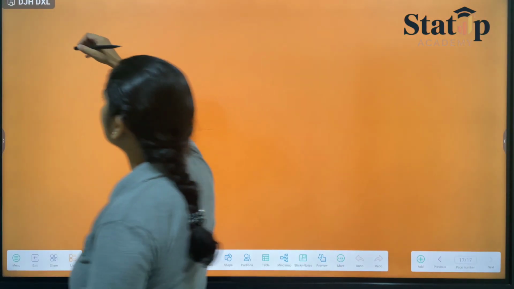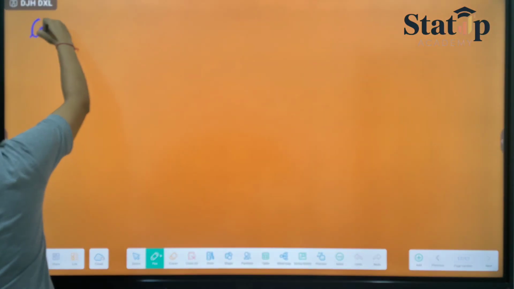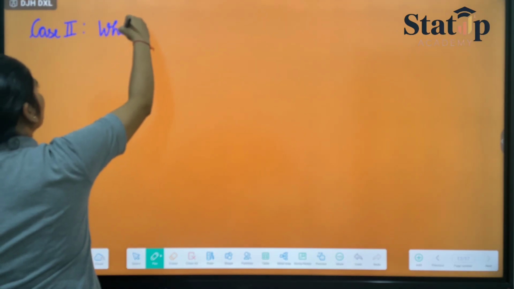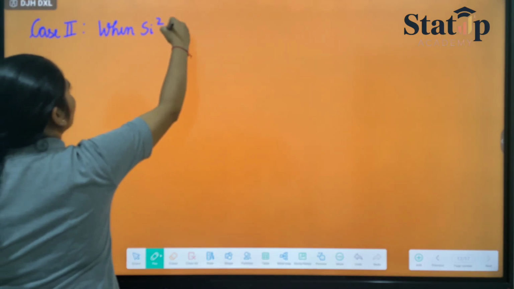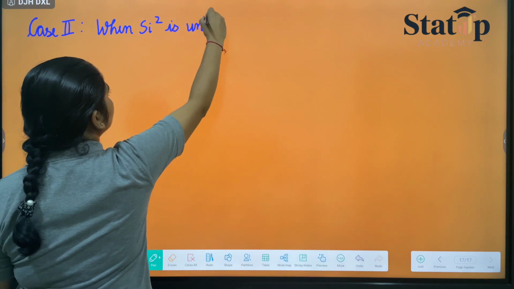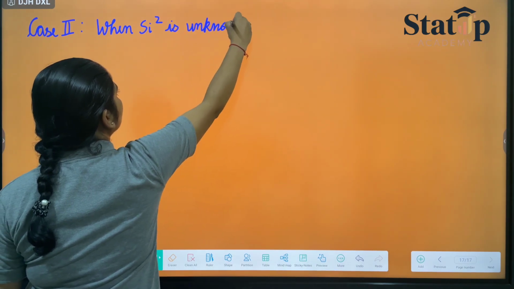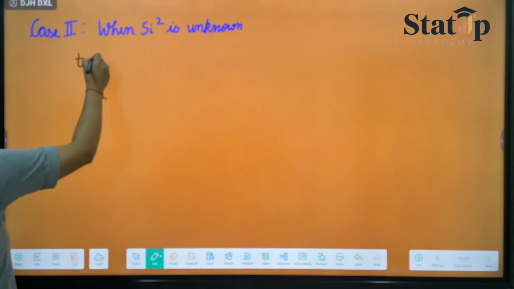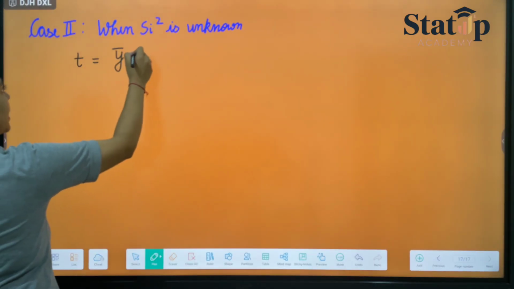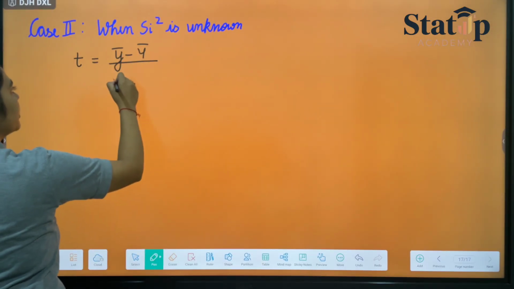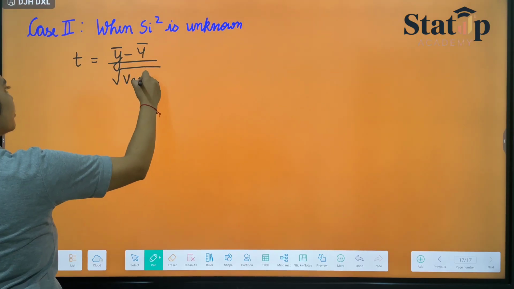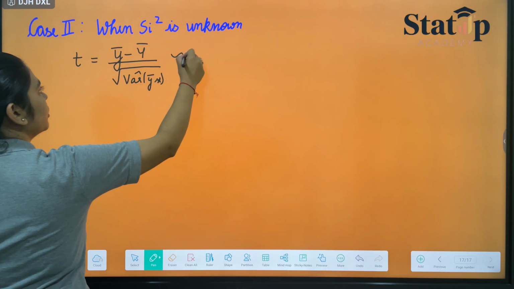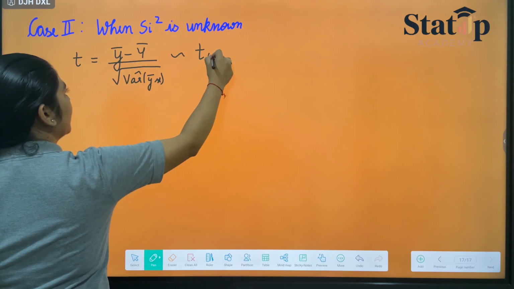And case 2, when Si square is unknown. When Si square is unknown, then T is equal to (Y bar minus capital Y bar) upon under root of variance of Y bar st cap, which follows t with n minus 1.